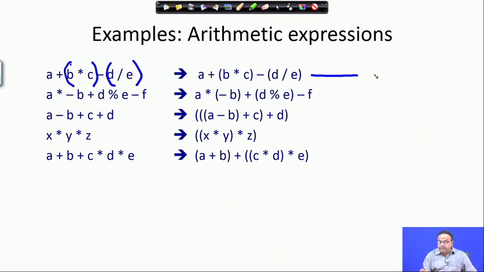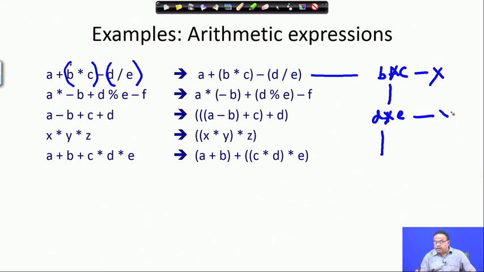Again we will have first B times C done, followed by D divided by E. Suppose this result is x and this result is y, then my expression is A plus x minus y. Now, out of these again these two are of the same precedence. So, first this will be done, suppose this is z, then z minus y. That is how the computation will go on.